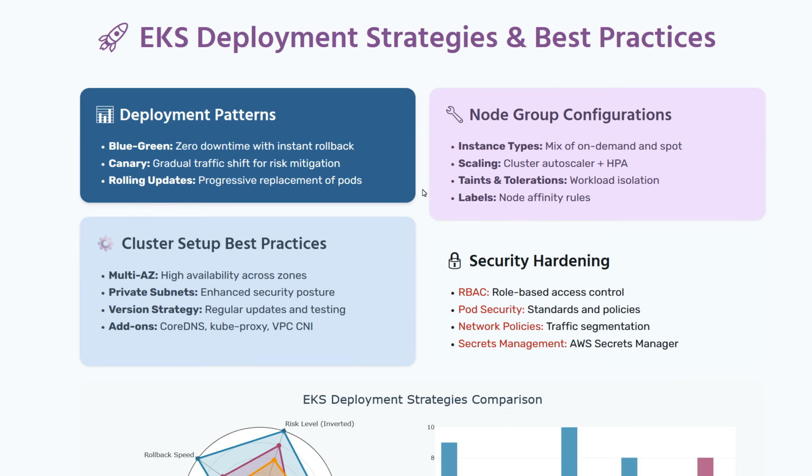All right, so EKS deployment strategies and best practices. What are the best practices? Blue-green for zero downtime with production and testing environments, and then canary, gradual traffic shift for risk mitigation, and rolling updates, progressive replacement of code so that you don't need to shut down, for upgrades and updates, right?